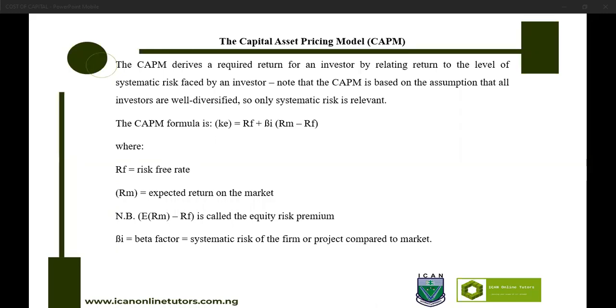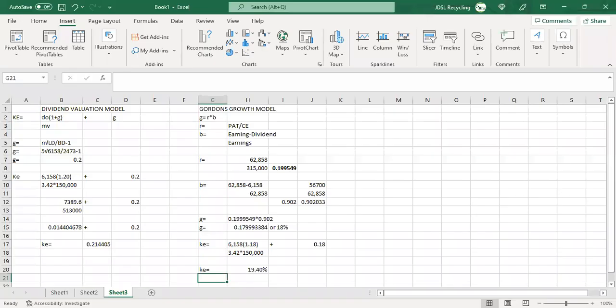That is the risk-free rate of return. B represents the beta factor. We have the RM, which represents the return on the market. And lastly, we have RM minus RF, which represents the risk premium. So looking at this formula, let us take a look at the broader explanation on this capital asset pricing model.